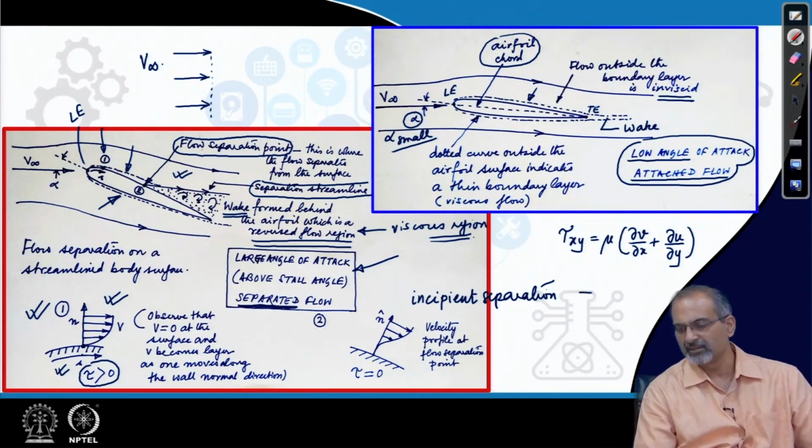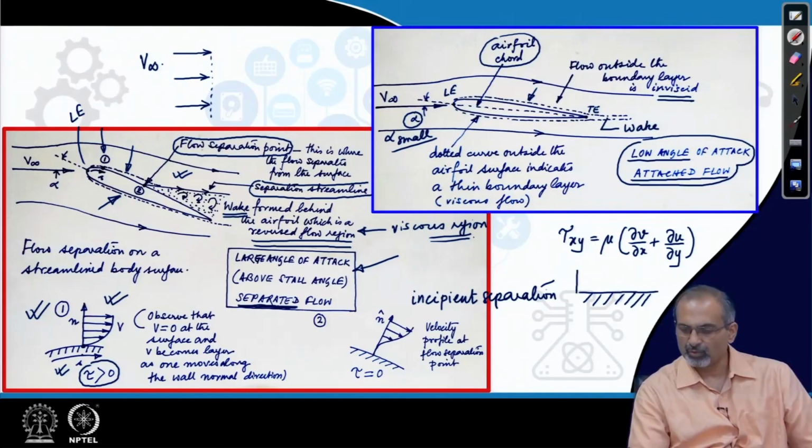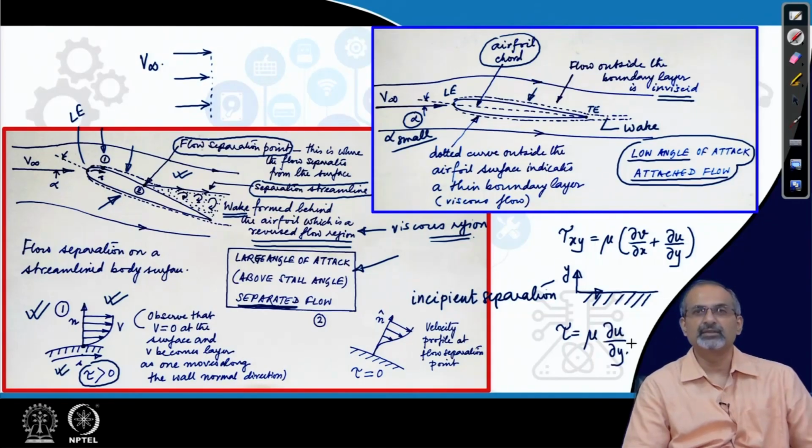Now, if you imagine that the surface is flat locally and you can orient the x y axis like this, then you can still simplify this expression and express it as mu del u del y, because the del v del x will vanish in that case.